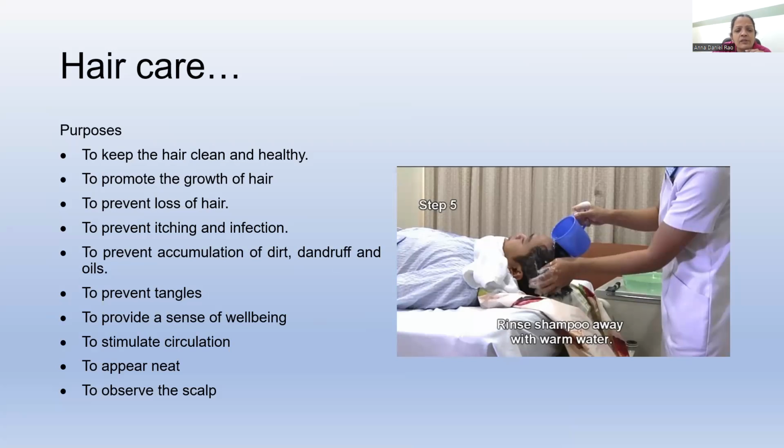And it will of course stimulate good circulation in the head, so that is also very essential. And all of us, whether a lady or a gents person, we love our hair, right? It is a part of beauty. So when we give care, it should always be remembered that a well-groomed person always feels better.